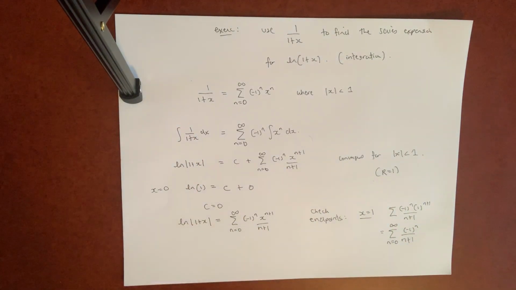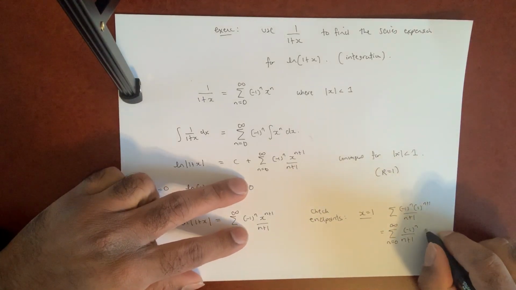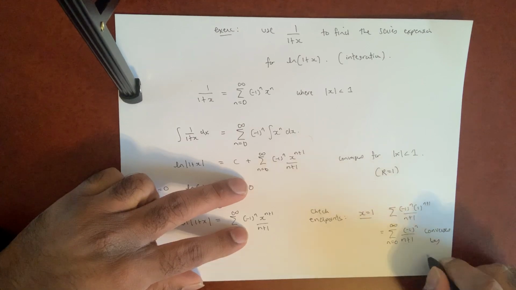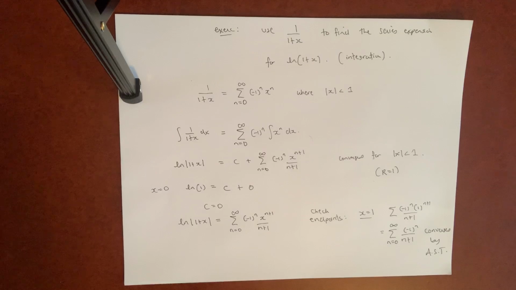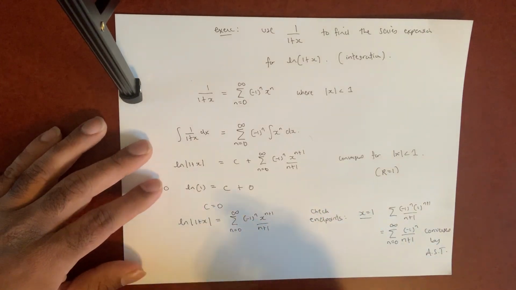I'll leave you to check that this converges by the alternating series test. We've done a few of these. It's an alternating series, the terms outside of the negative 1 to the n, the 1 over n plus 1, is positive, it's decreasing, it goes to 0. So that converges.